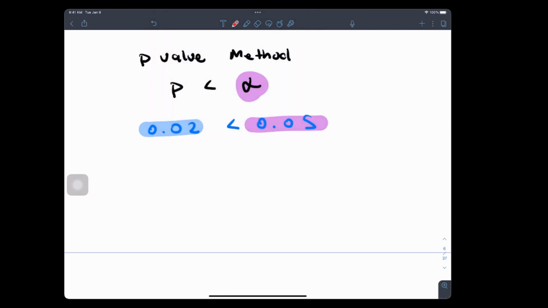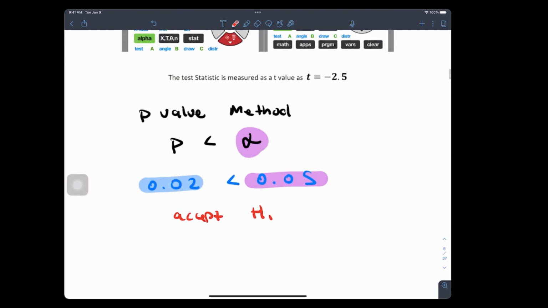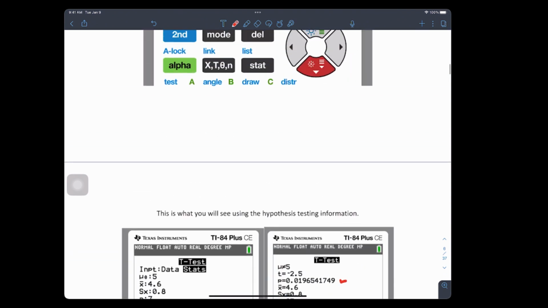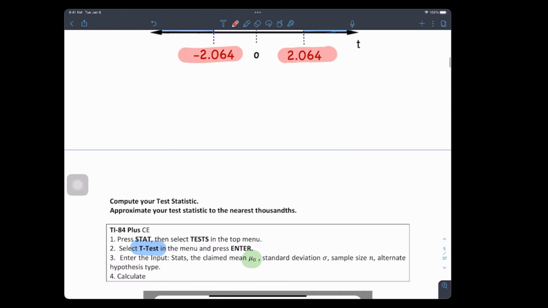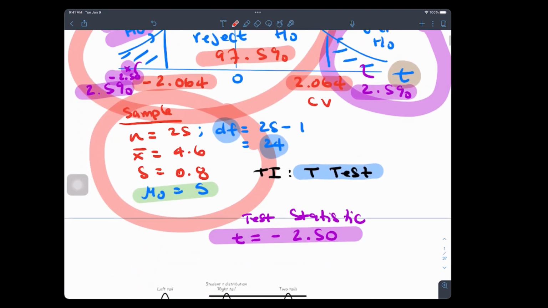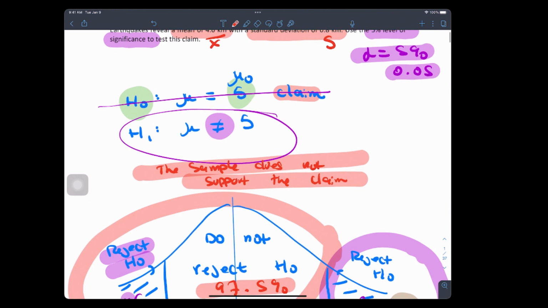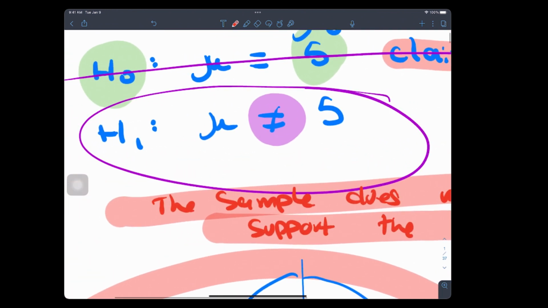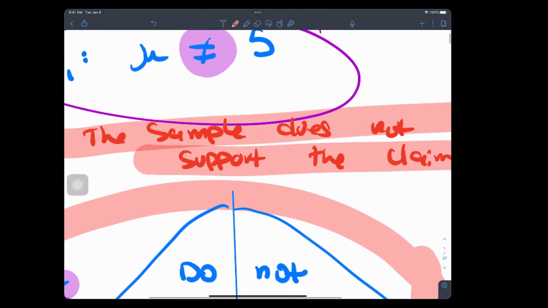What do we automatically do? Accept the alternate hypothesis. Automatically accept the alternate. Didn't we accept the alternate by the traditional method? We did. And then didn't we say the sample does not support the claim?